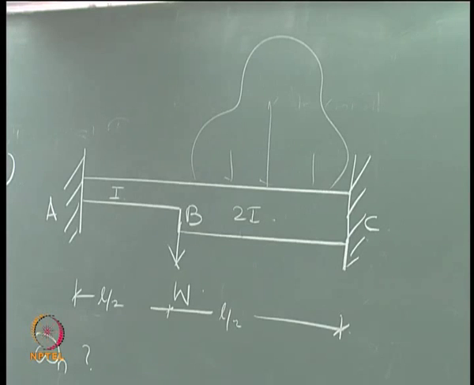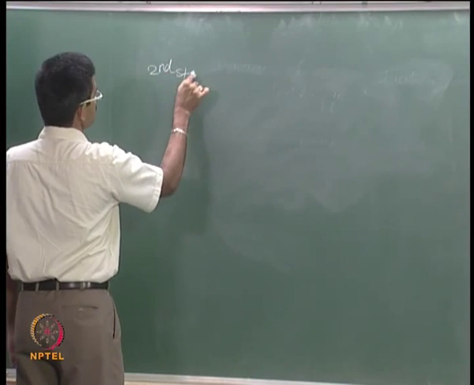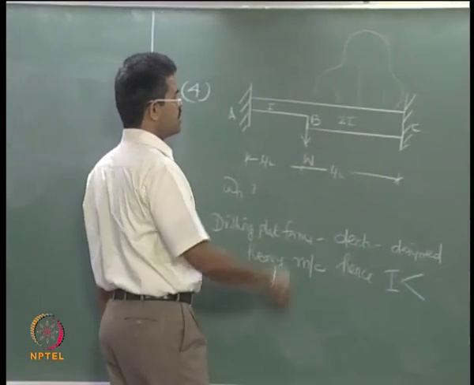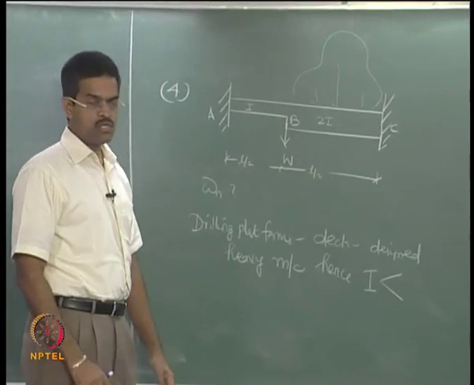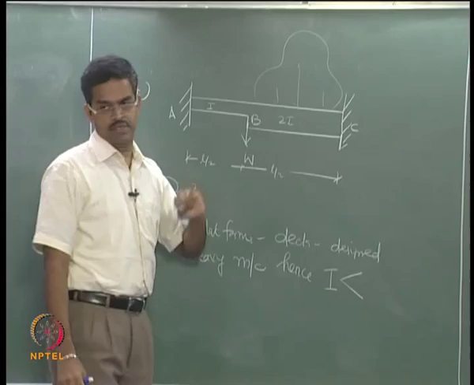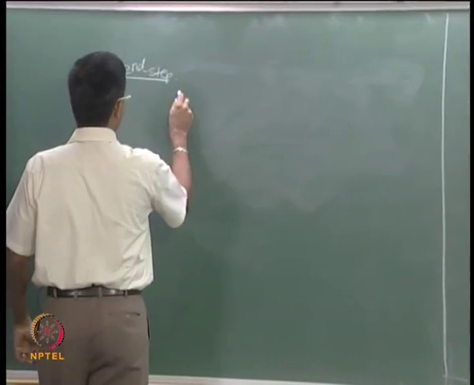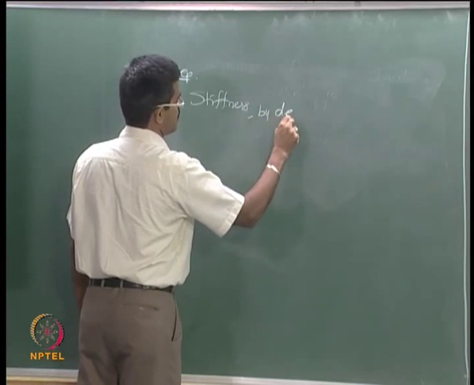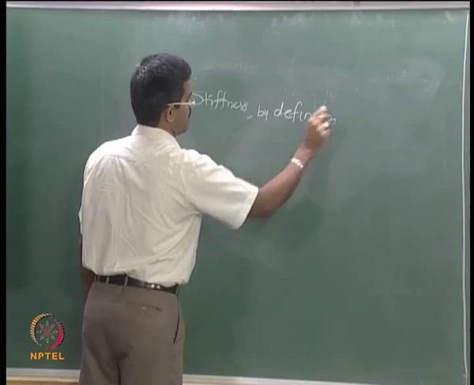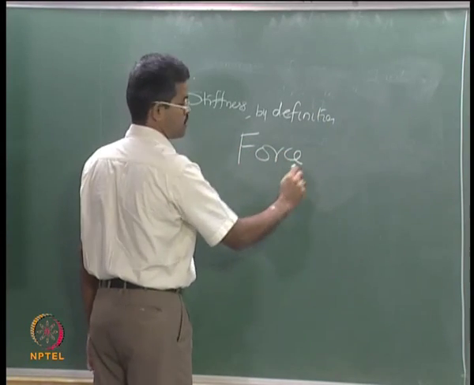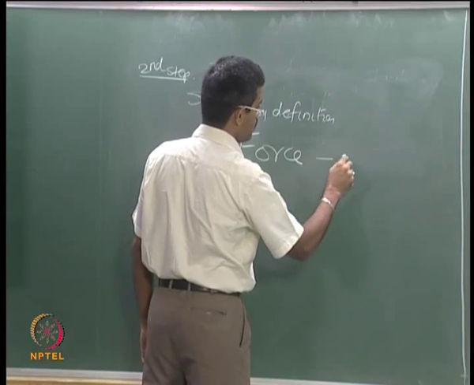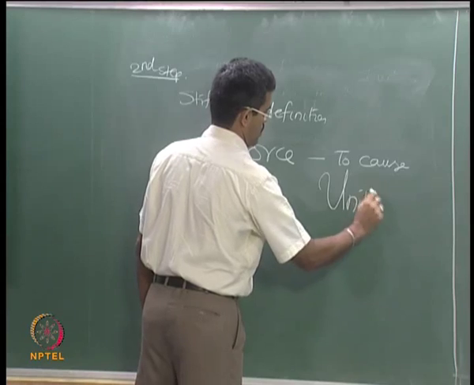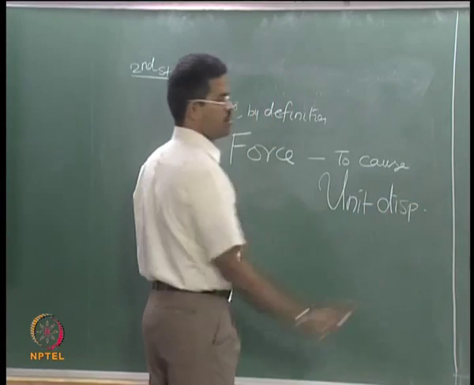In the second step, I want to know what will be the force at this point which can cause unit displacement at this point, because stiffness by definition is the force which is responsible to cause unit displacement.